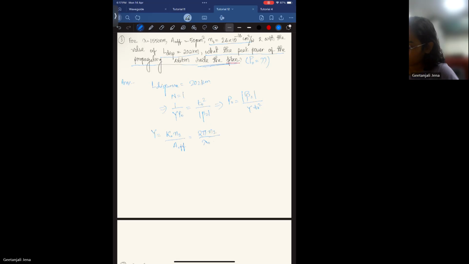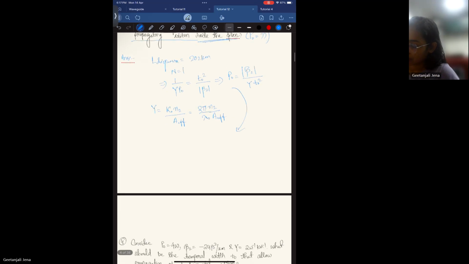So now you can write P0 as beta 2 over T0 squared, which is 1 by dispersion length, and gamma is 2 pi N2 over lambda 0 A effective.